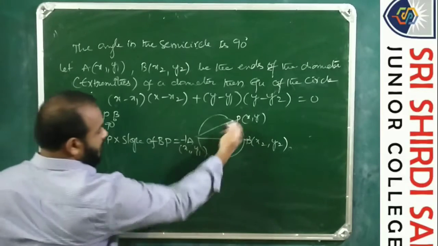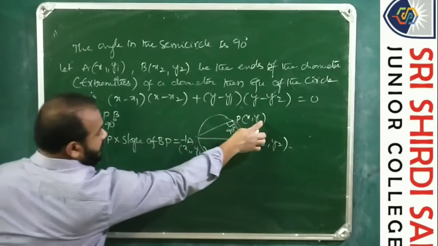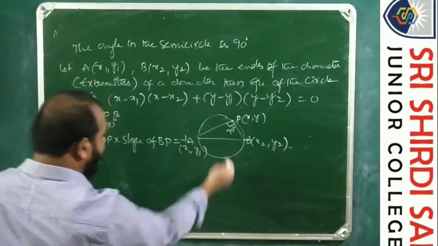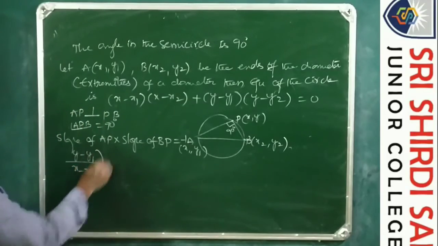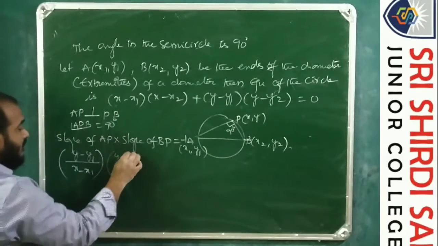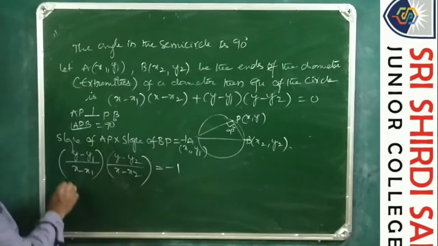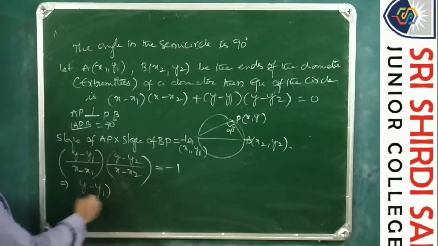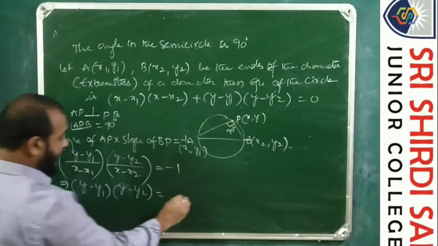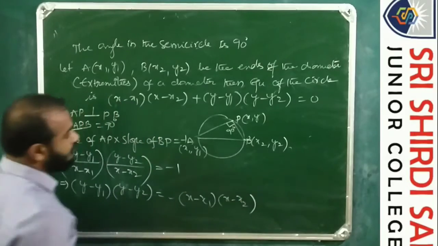So here the slope is the difference of ordinates by the difference of abscissae: y minus y1 by x minus x1, and here y minus y2 by x minus x2. This is equal to minus 1. From this, by cross multiplication, (y minus y1)(y minus y2) equals minus of (x minus x1)(x minus x2).